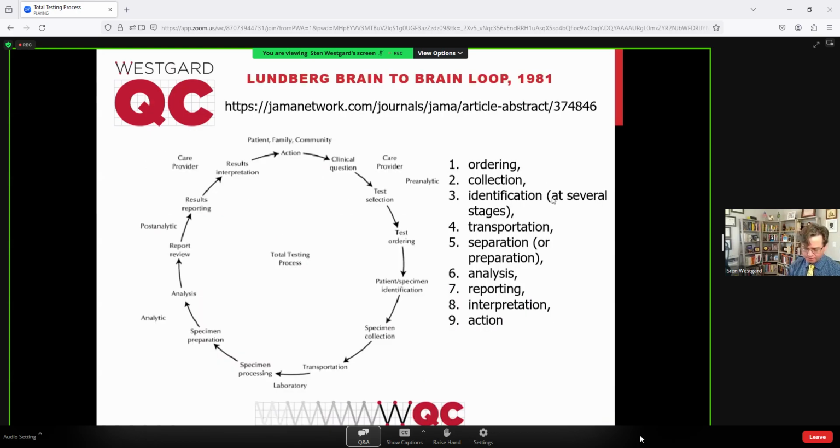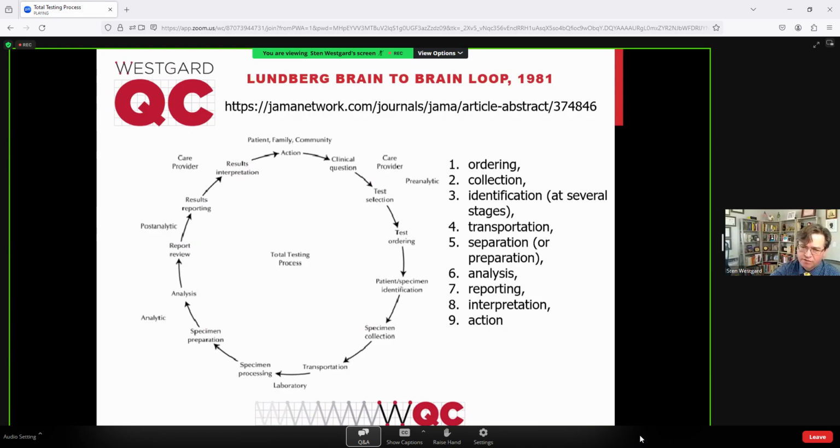and we can go back to 1981, where Lundberg came up with the brain-to-brain loop. So that started in everybody's mind to discuss all parts of the testing process, not just the part in the laboratory, not just the moment where the machine makes its reading and produces a result.